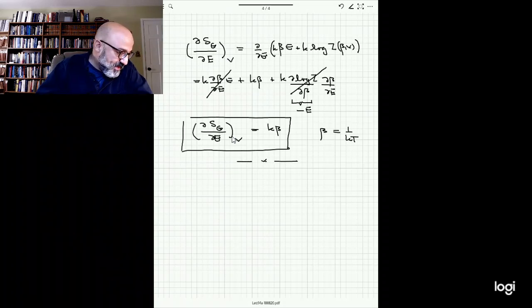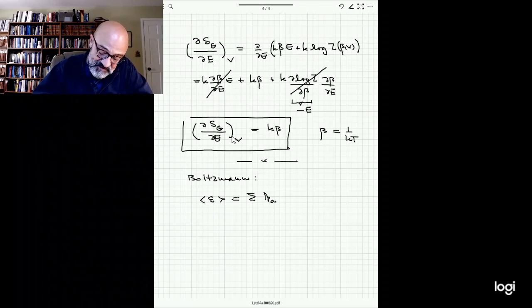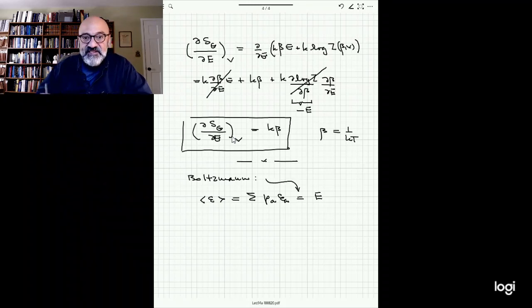Next, we're going to make the big leap of Boltzmann. Boltzmann's main insight. If you have the expected value and you write it as an expected value, and you say this is the internal energy, so this is the assumption here.